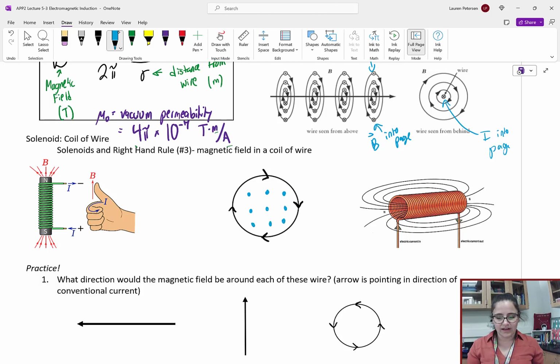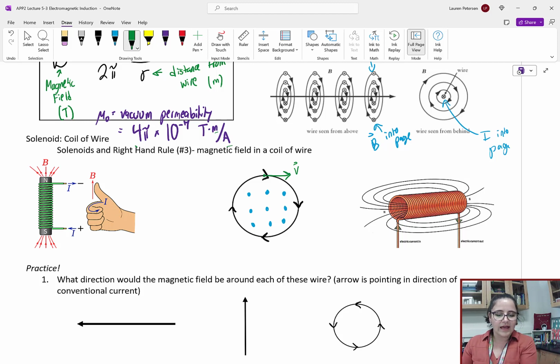You can also look at it in terms of a positive charge moving, because current is the direction of the positive charge. So if we use our first right-hand rule, the one with the force, up at the top of that loop, we'll have the velocity going in that direction.